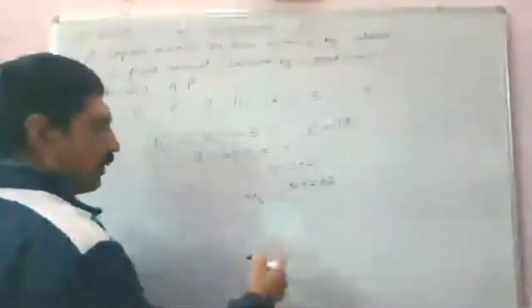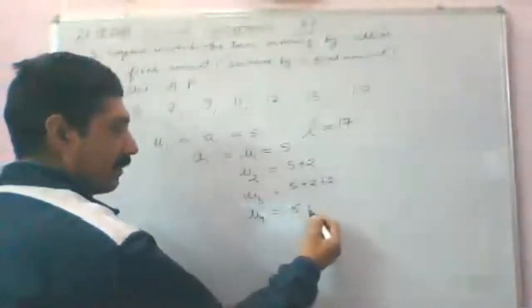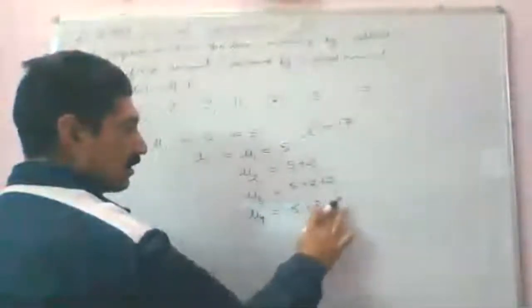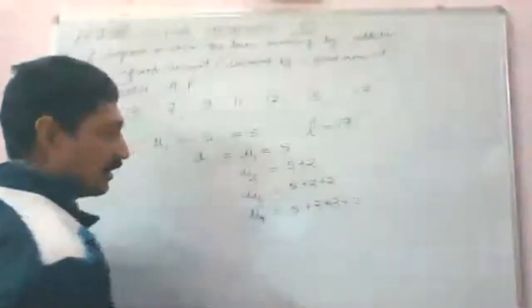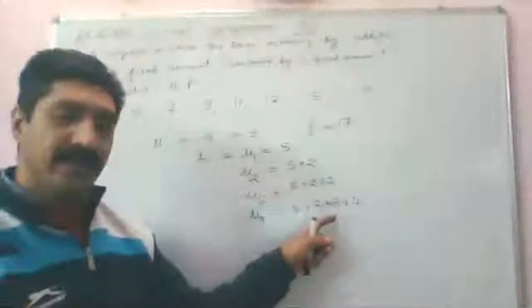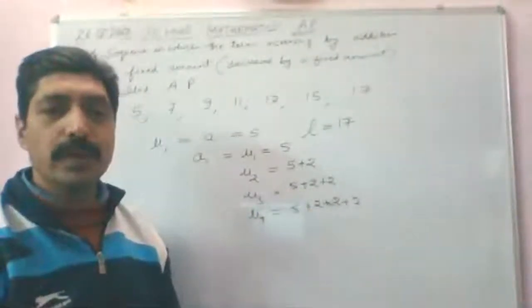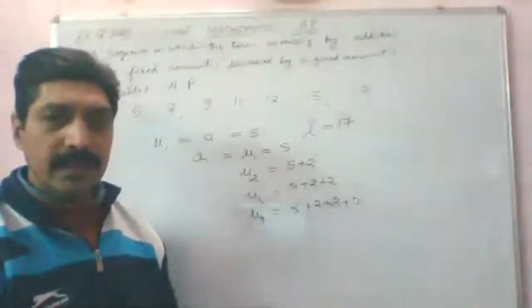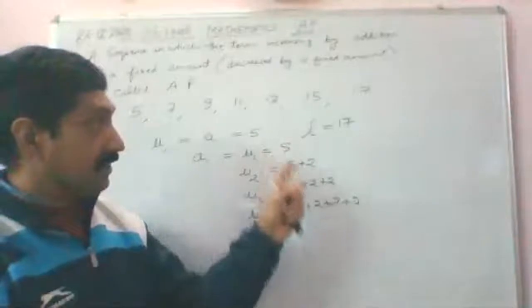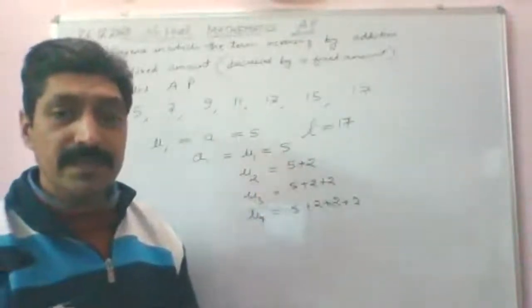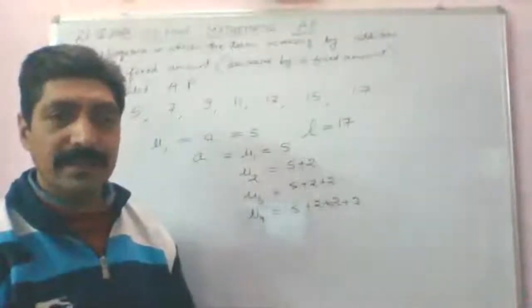The fourth term is 5 plus 2 plus 2 plus 2. One more 2 in every succeeding term. We are adding the fixed amount, that is 2 here. The difference between every successive term is constant, it remains the same.